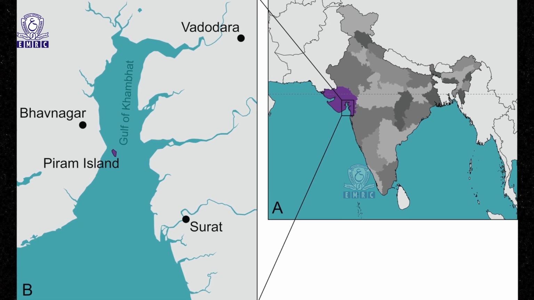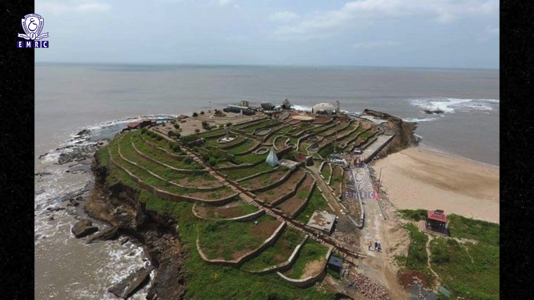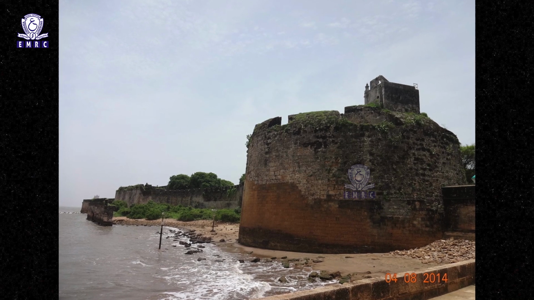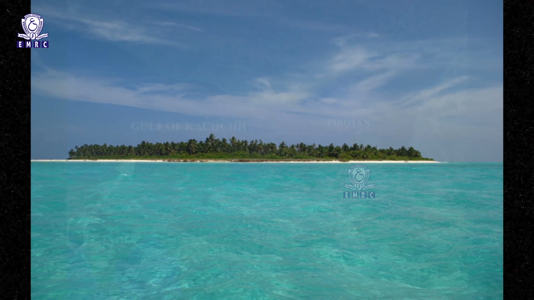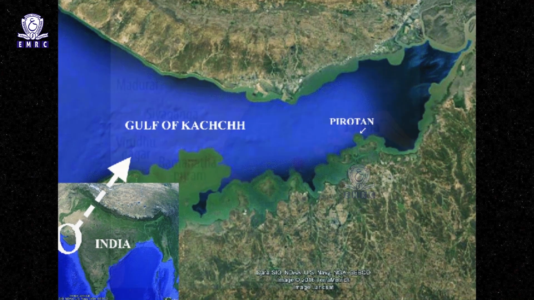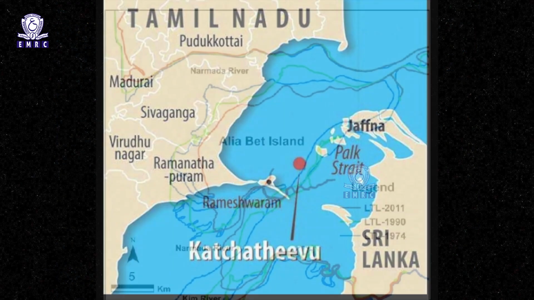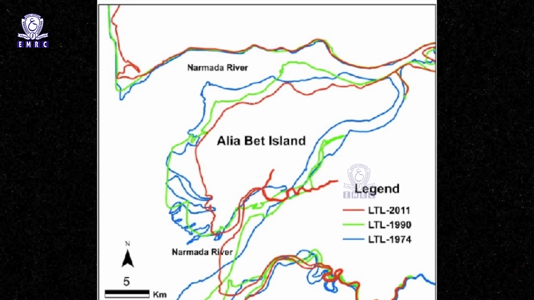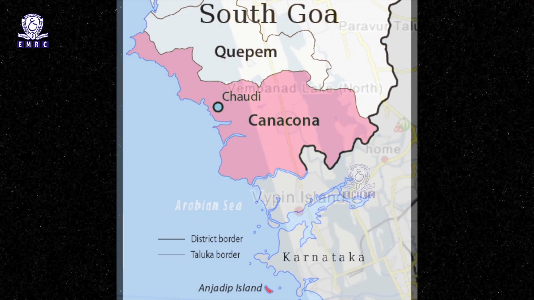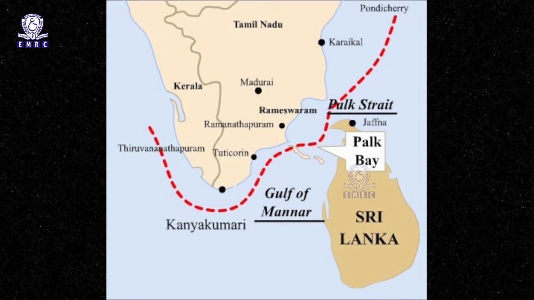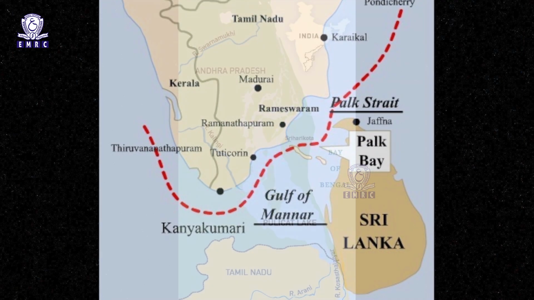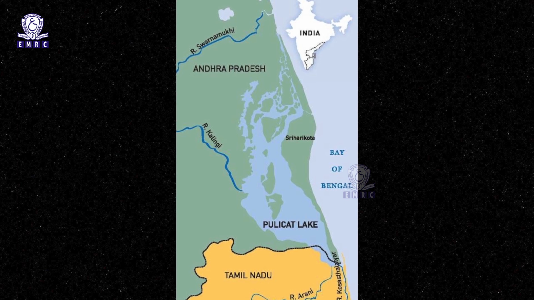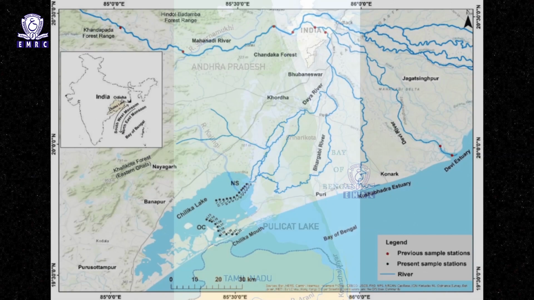Among the western coastal islands are Piram and Bhaisala in the Kathiawar region, Diu, Wadia, Nora, Pirotan in the Pirotan region, Karumbar on the Kutch coast, and Aliabet in the Narmada and Tapi mouths, Anjadiv on the Goa coast, Vaipin near Kochi, Pamban, Crocodile, Andua in the Gulf of Mannar, Sriharikota near the mouth of Pulicat Lake, and Parikud at the mouth of Chilika Lake. Many of these islands are uninhabited and administered by the adjacent states.